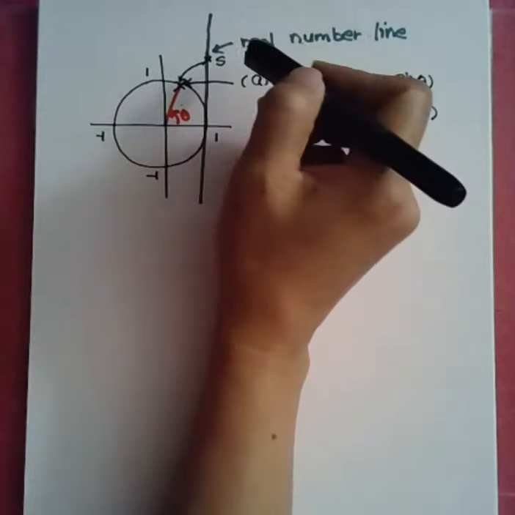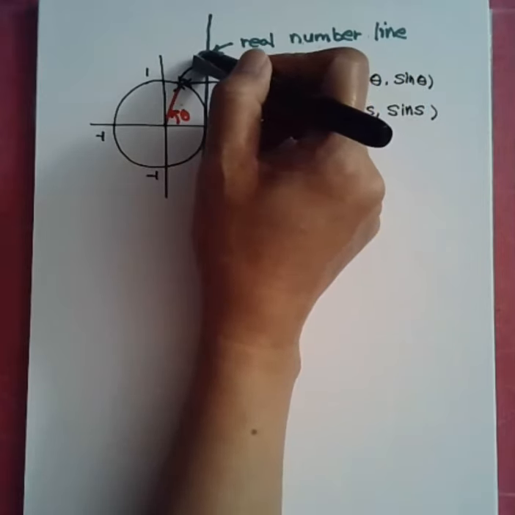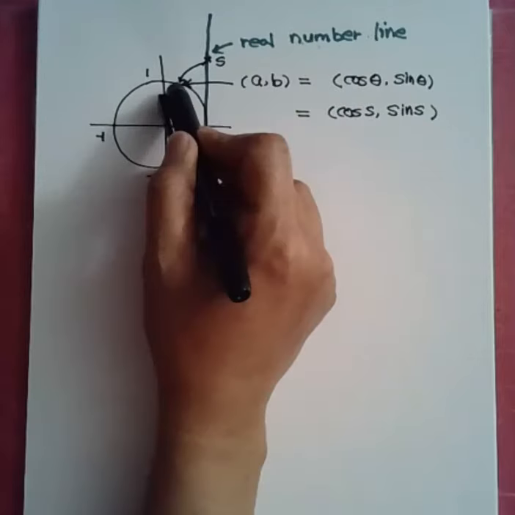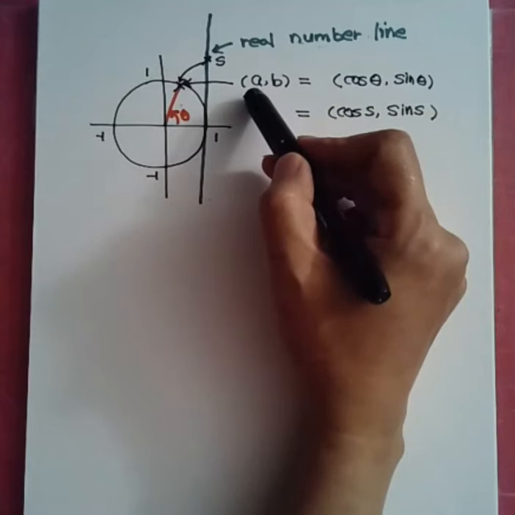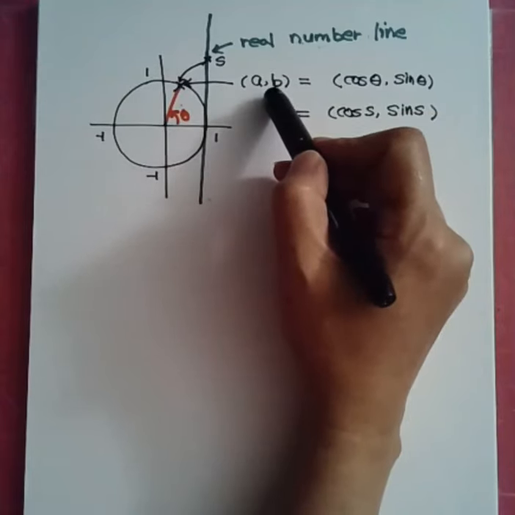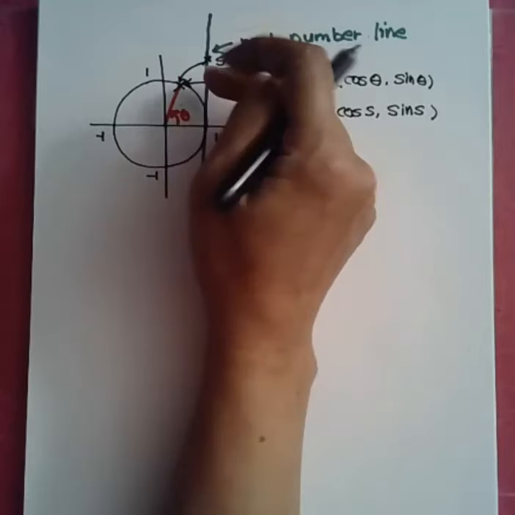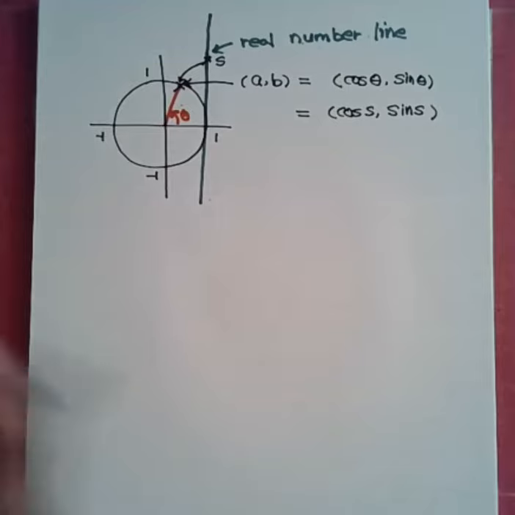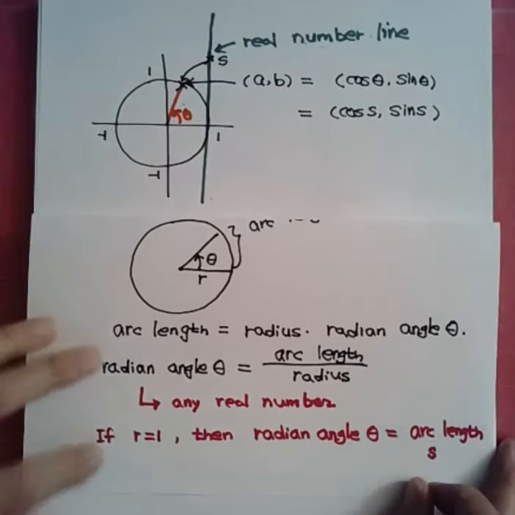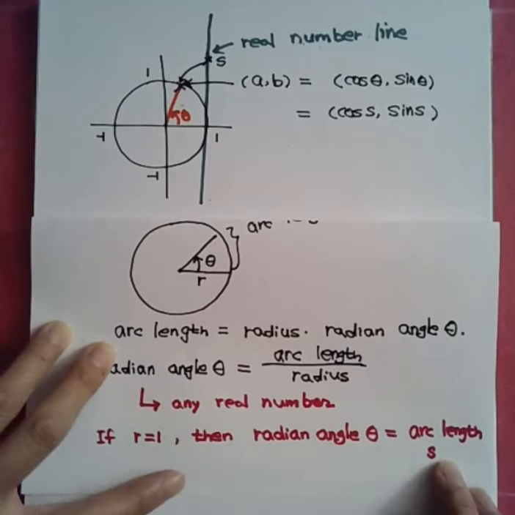Let's say we have chosen S on the real number line, and that point is identified with the point on the unit circle whose coordinates are A and B. Then S can be perceived as an arc length, and on the unit circle we already know that the radian angle is the same as arc length.